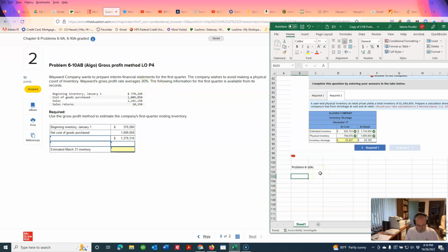So this is our sales, cost of goods sold, and gross profit percentages. Sales is 100%. So if gross profit averages 30%, that means our cost of sales percentage is going to be 70%.